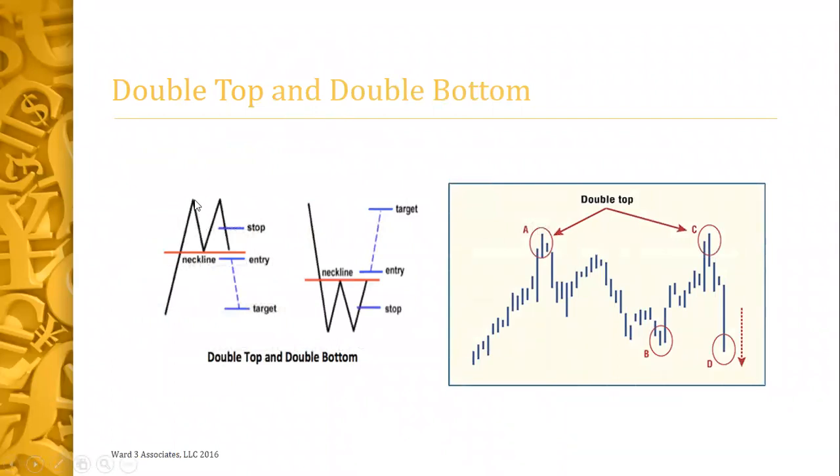So you've got your first rally up, failed, pullback, second rally up that fails, but here's your pullback. That typically should come down to the last swing low. It's just going to break your neckline and come down to your last swing low. The double bottom is the exact opposite.